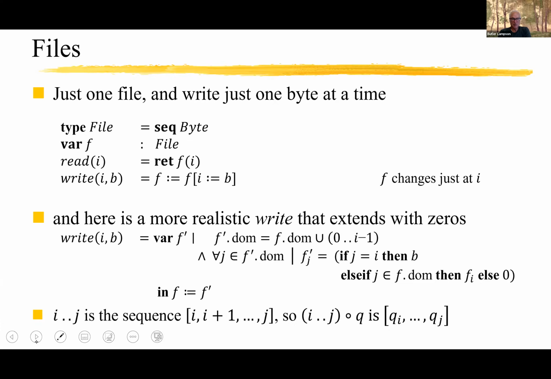And having constructed this f', in this case it's completely deterministic, by the way, we assign it to f as the job that write does. The new piece of notation here is i..j, the sequence i, i+1, and so on, to j. So for example, if you want the i to j subsequence of a sequence q, it's i..j composed with q.